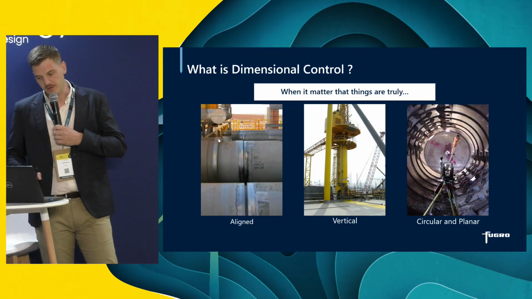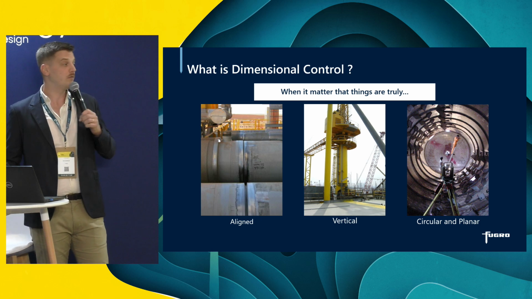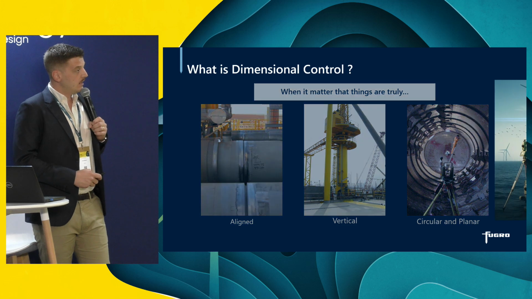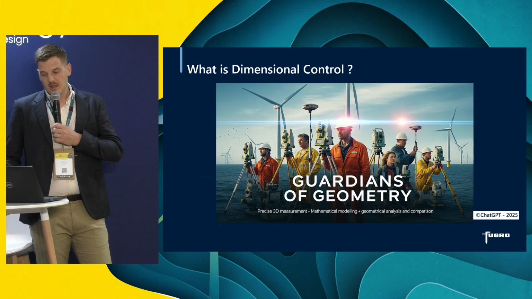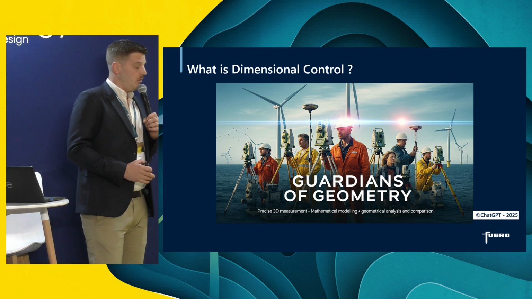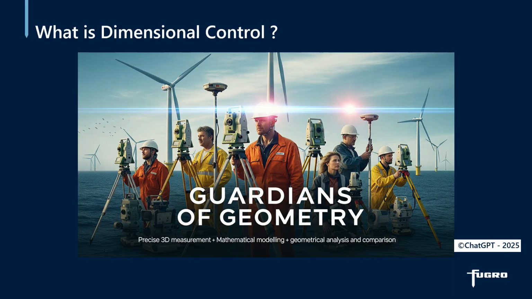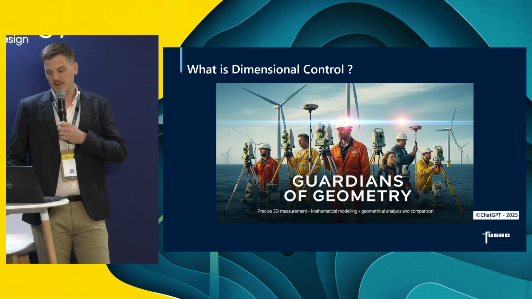This is to be compliant with theoretical drawings and to make sure that structures that need to fit together will do so in good time. Think of it as the guardian of geometry. Overall, dimensional control is a combination of precise 3D measurements, mathematical modeling, and geometrical analysis and comparison. But also, we'll go into more detail about that later on.